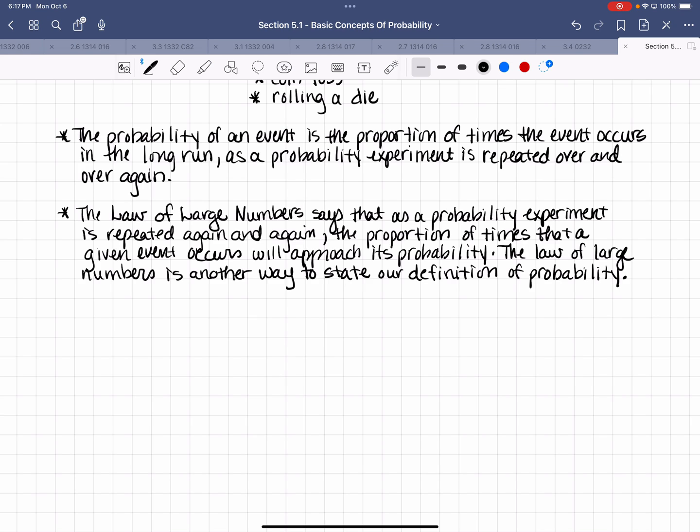You might get a head all 3 times. Well, that's not 50% tail, 50% head. But what the law of large numbers says is, if we keep flipping over and over again, 100 times, 200 times, 500 times, 1,000 times, eventually that's going to start to even out.